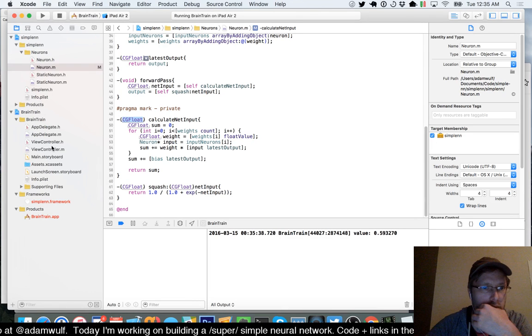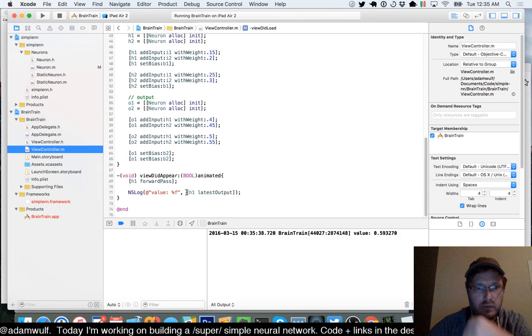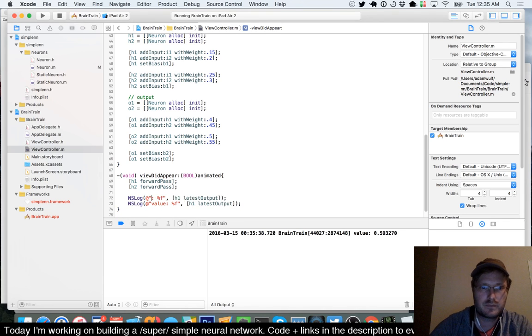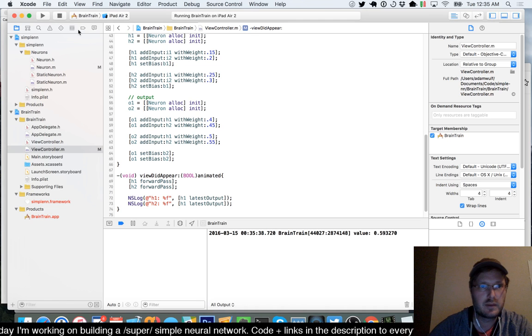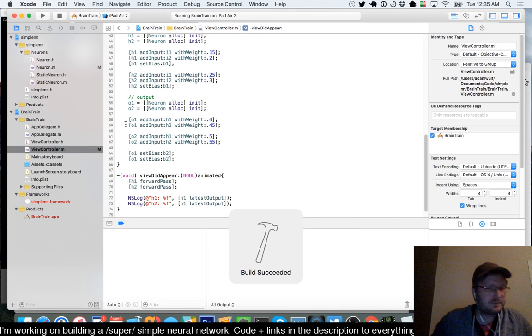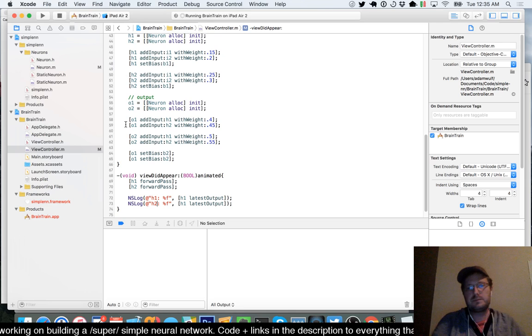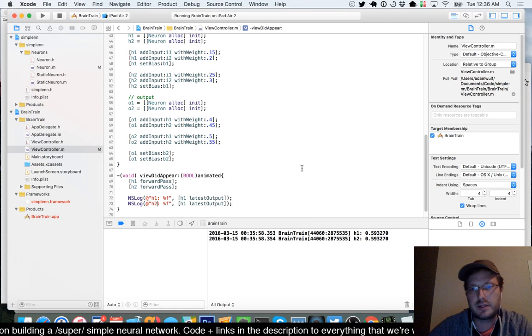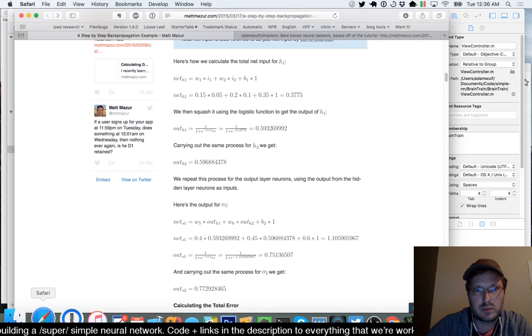So let's go here in our view. If we do a forward pass for H2, it is the same.